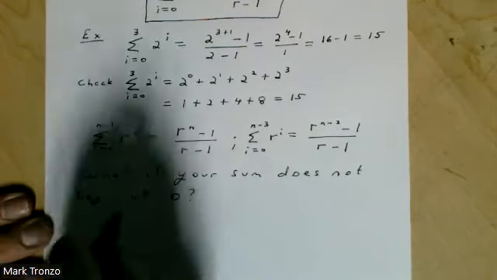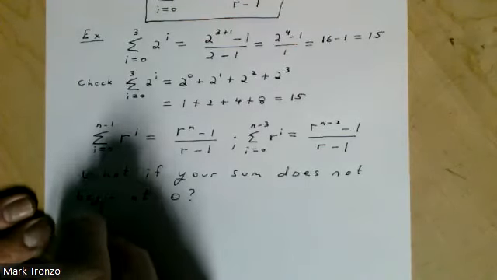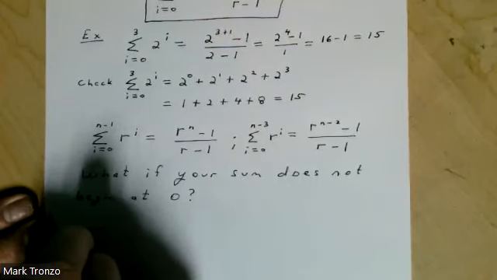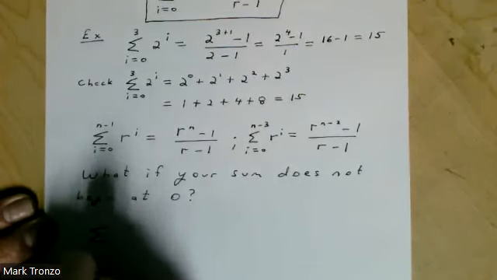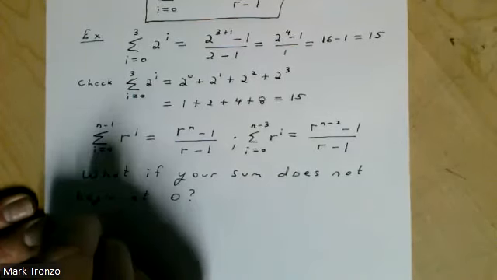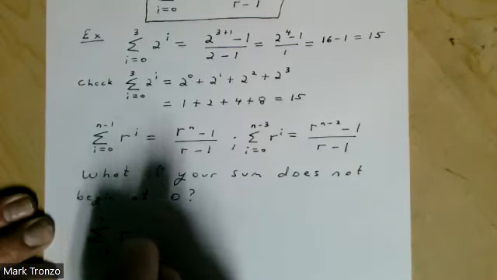Let me give an example. So suppose that you want to find this sum here, of r to the i, from i equals 3 to n.